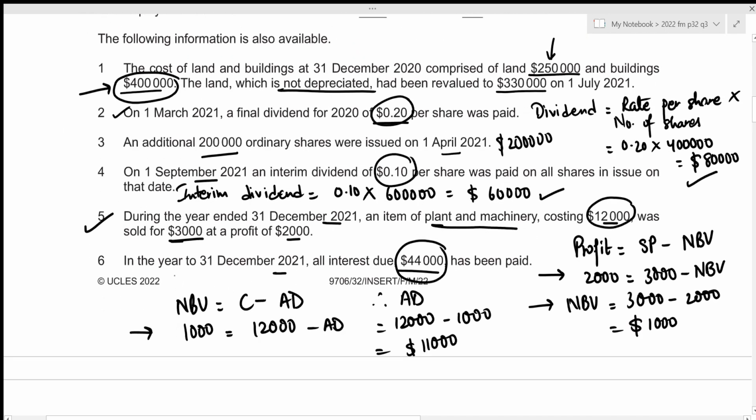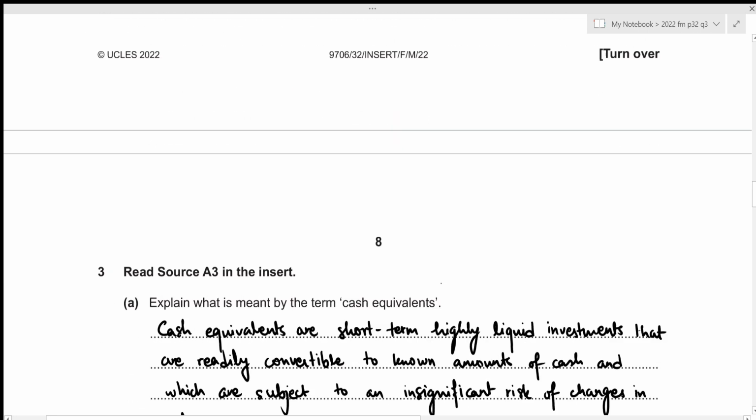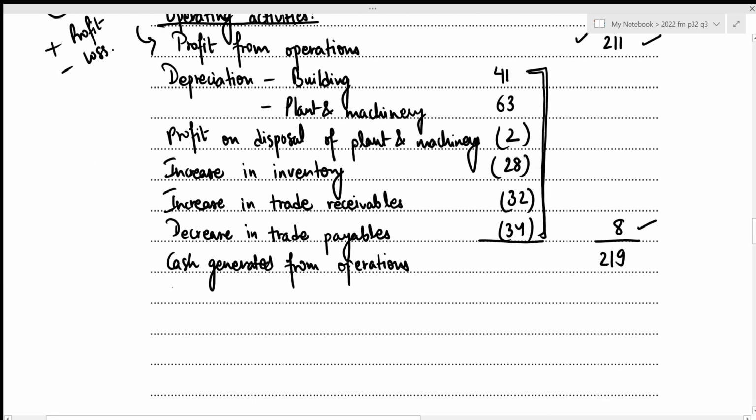We were told that in the year to 31st December 2021, all interest due 44,000 has been paid, which means that there has already been made a cash outflow of 44,000, and this cash outflow should always be subtracted in our statement of cash flows. Let's do that. So that's going to be interest paid of 44,000.